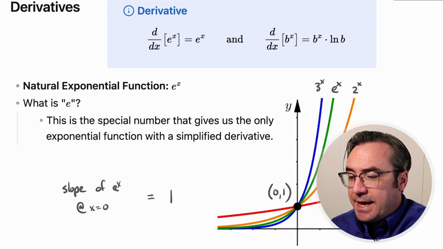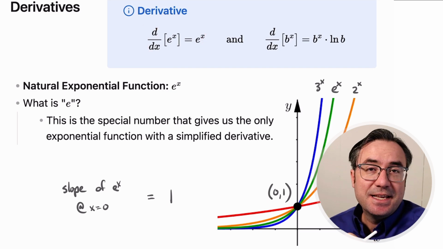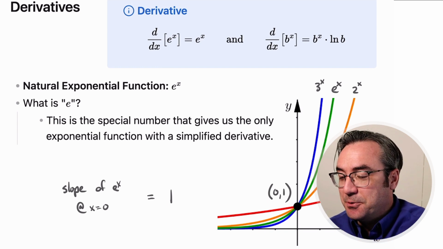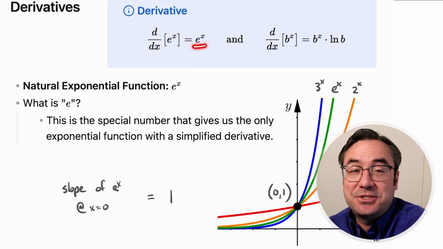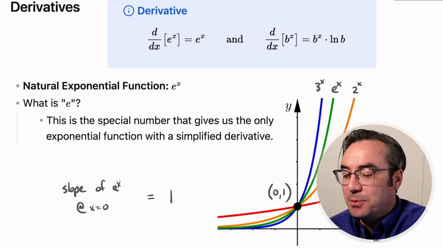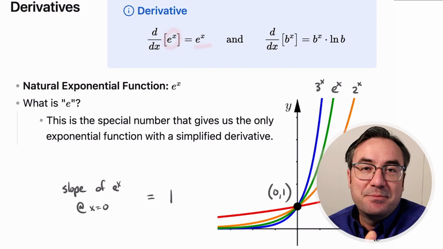So let's look at the derivative of e raised to the x. And it's really nice. The derivative of e raised to the x is just e raised to the x. So really easy to remember. It's almost like you do nothing. If you blink, we are actually differentiating the function e to the x, but not much happens.